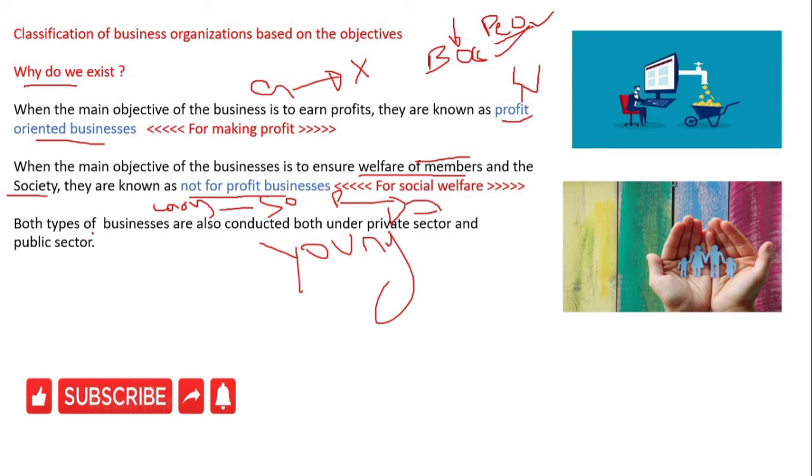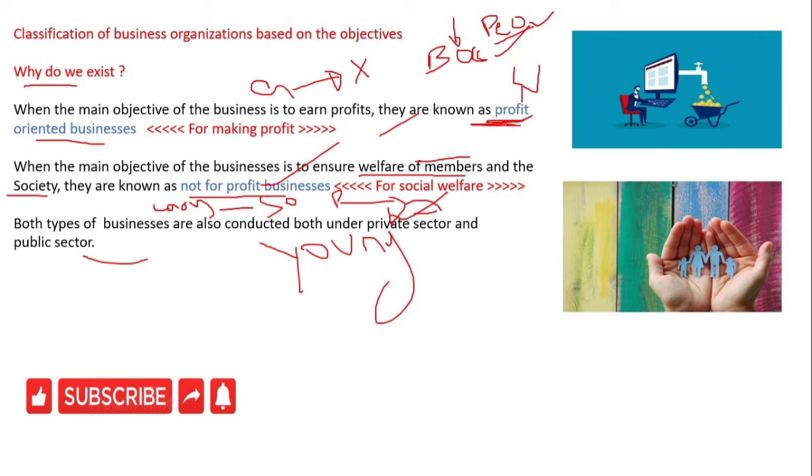So both types of businesses, profit-oriented businesses and not-for-profit oriented businesses, are conducted by both parties. Private parties also conduct businesses for welfare purposes. The government also conducts business for profit-oriented purposes, right?